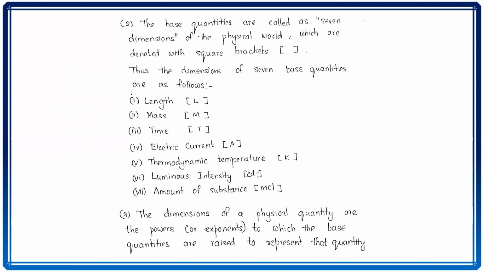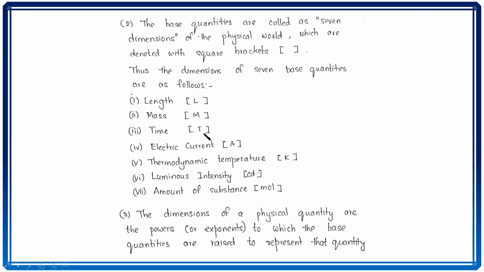For example, length is represented by capital L in square brackets. As I have shown here, these are the seven base quantities. Length is capital L between the square brackets, and mass is capital M, all between square brackets only.